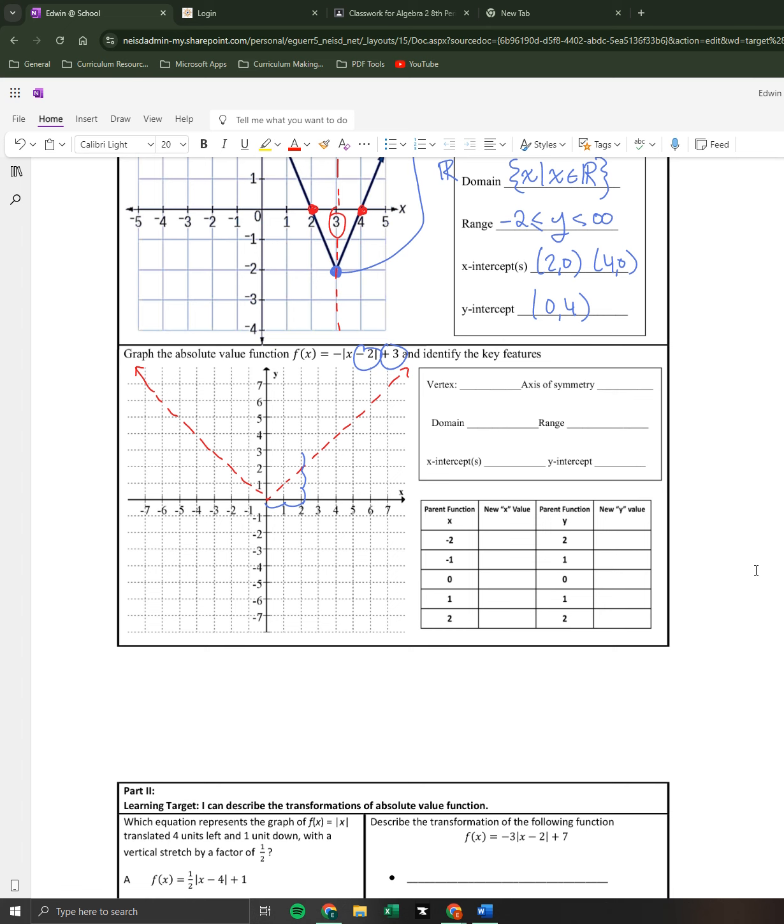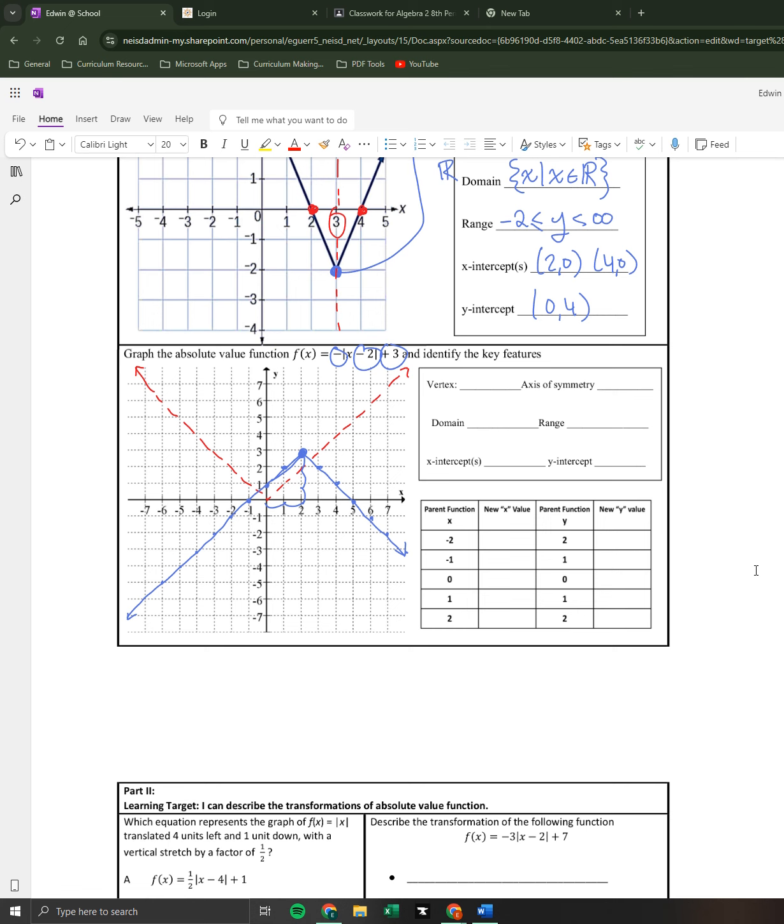And that negative in the front means it's going to open downwards. So we're going to have points like this. Boom, boom, all the way down. Giving us a function that looks like this. A transformed function. There we go.